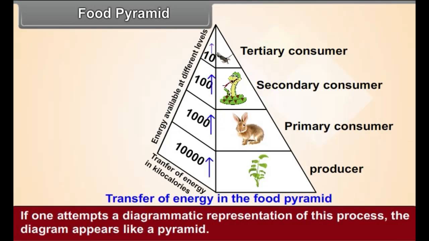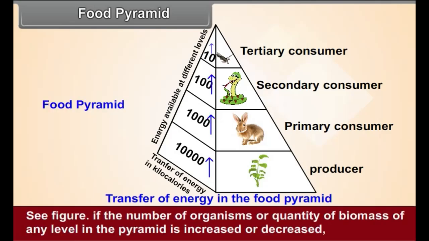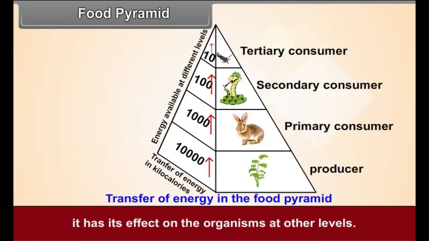If one attempts a diagrammatic representation of this process, the diagram appears like a pyramid. It is called a food pyramid. See figure 11.4. If the number of organisms or quantity of biomass at any level in the pyramid is increased or decreased, it has its effect on the organisms at other levels.